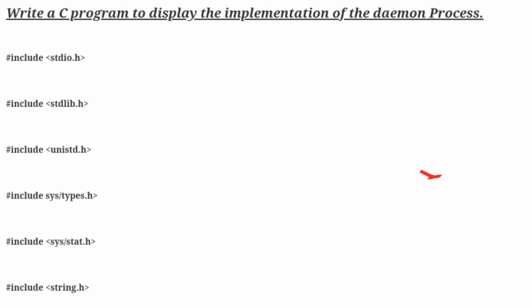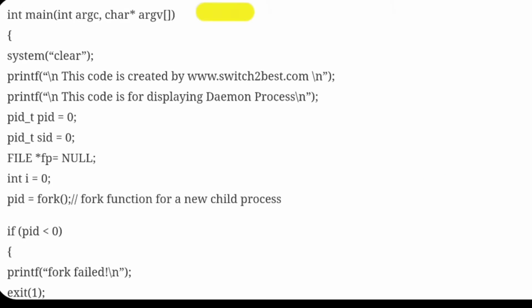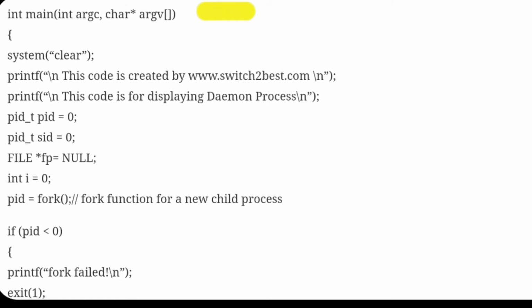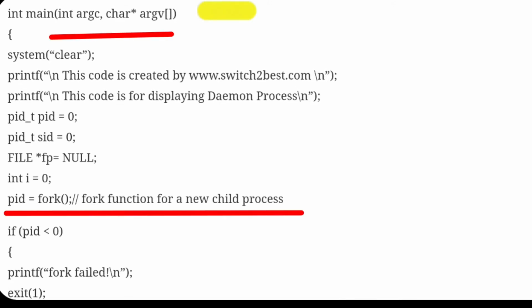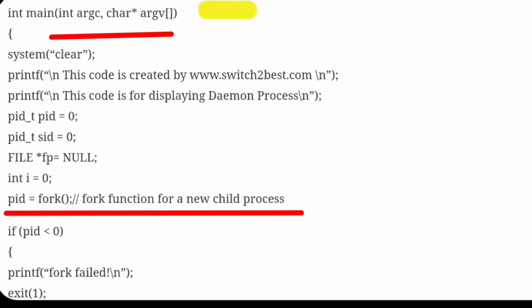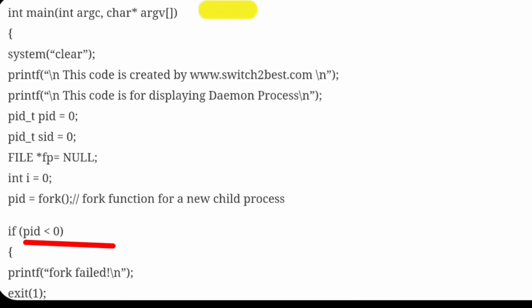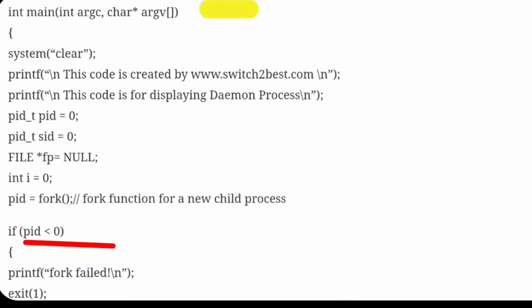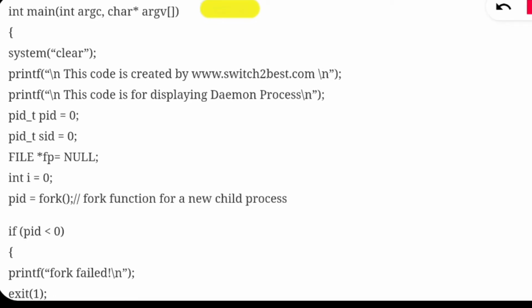Here in the program, we need to take a few variables of pid type. Initially, we have initialized pid equal to 0 and sid equal to 0. We take a file pointer which we set to null, and one initializing value for i. Let's call the fork function here, and it will return the value in pid.